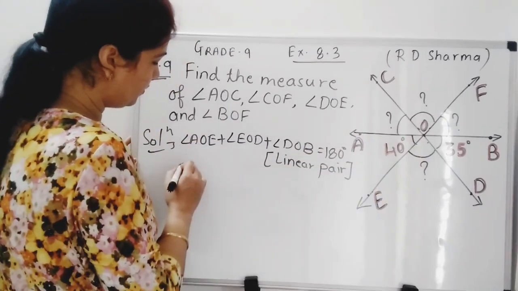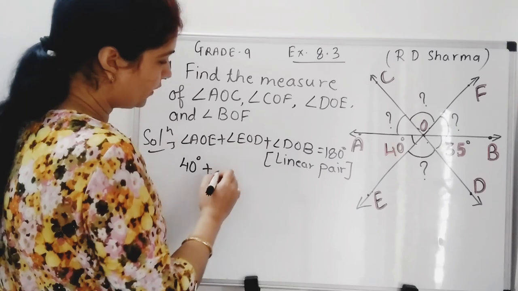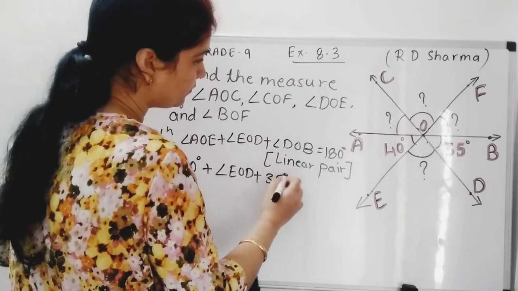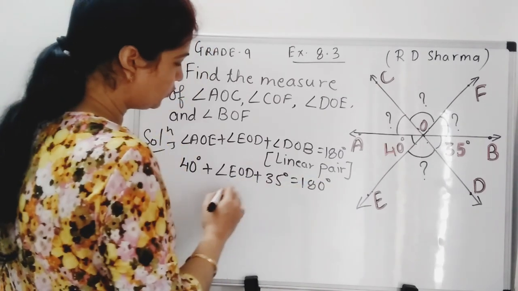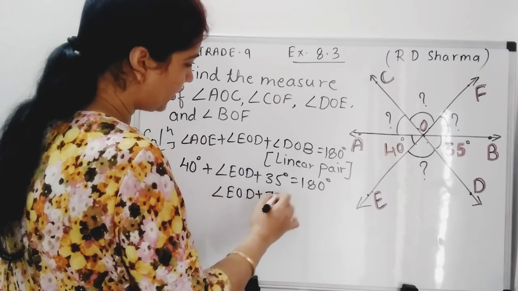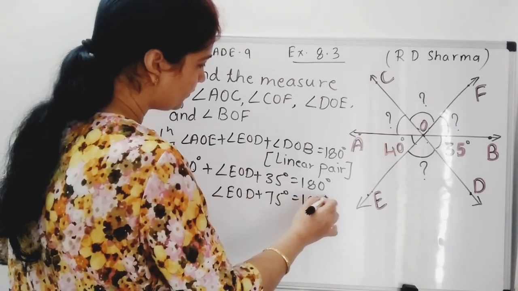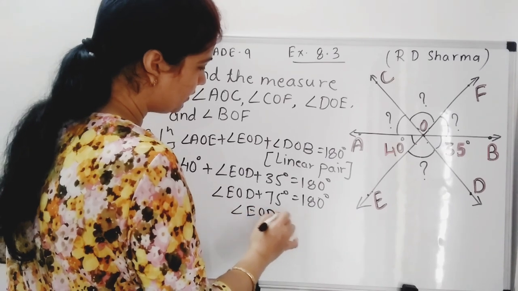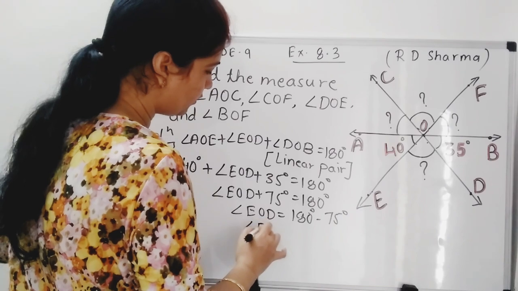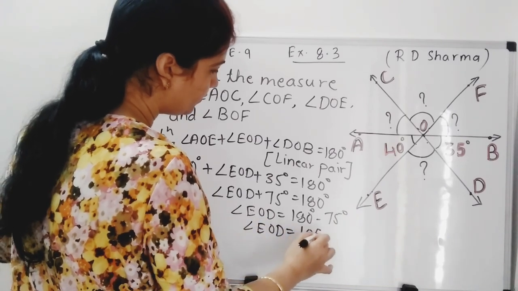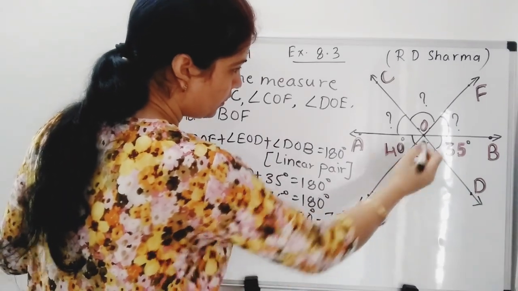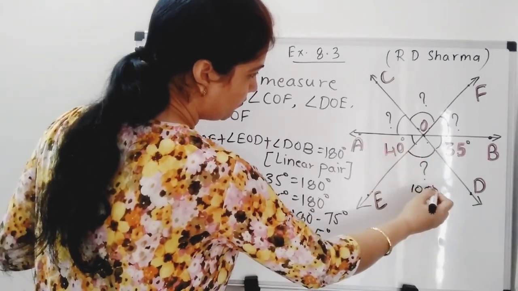Now AOE is given as 40 degrees, EOD we need to find out, and DOB is given as 35, equal to 180. So now we will solve further. 40 plus 35 will give us 75. Then angle EOD will be 180 minus 75, and angle EOD is equal to 105. So we found the value of EOD. EOD is equal to 105 degrees.